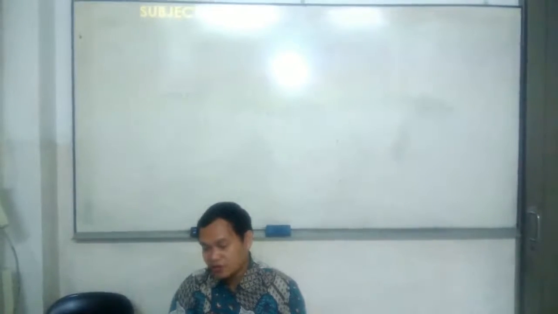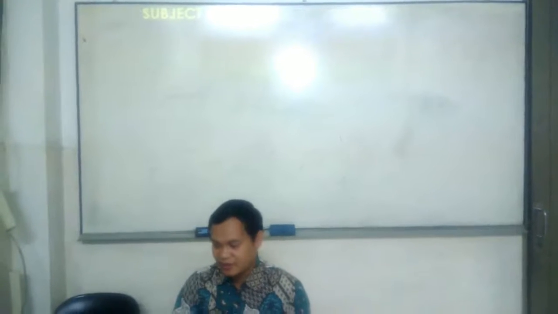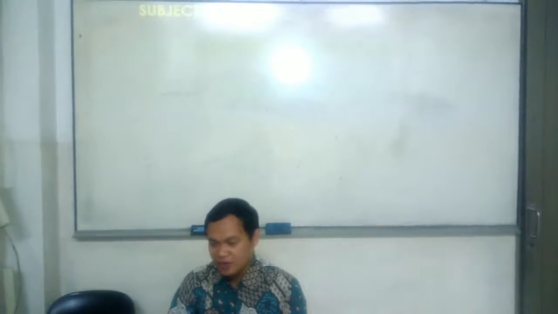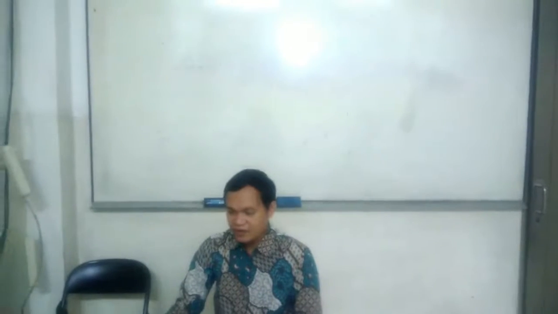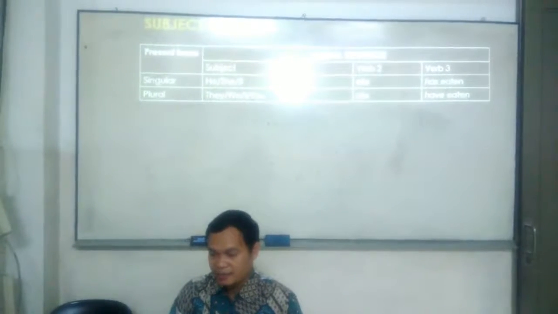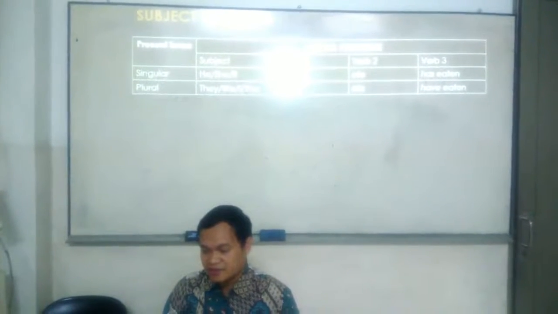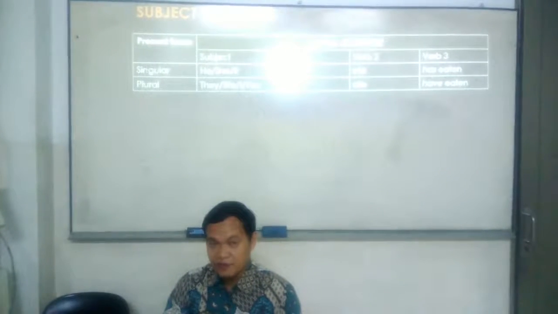We are going to learn about subject and verb in basic writing. As you may know, we make a sentence based on a subject and a verb. Okay, let's take a look at an example here. I made this sample sentence, a verbal sentence.